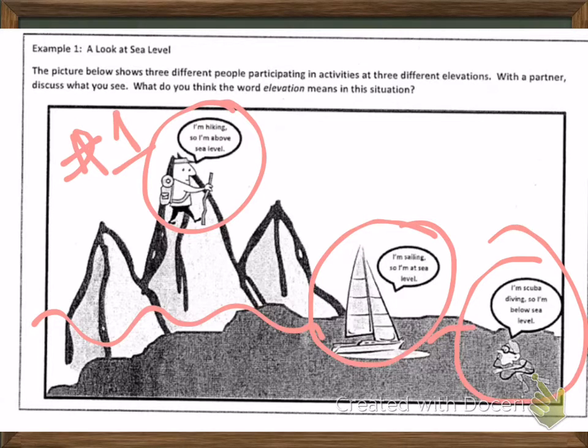The guy in the sailboat, number 2, you can say he would be at sea level because he's right at the ocean level. And number 3, that guy would be below sea level because he's going underwater.